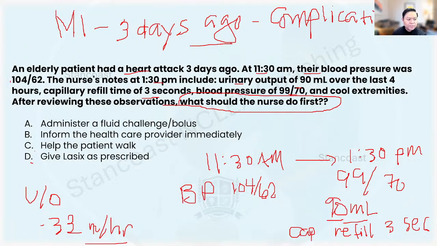Okay, let's find out. Letter A. What is in letter A? Administer a fluid challenge bolus. I'm seeing your answer, Bethany. Letter A, administer IV bolus or fluid challenge. Do you think that this is appropriate care? Is this going to help the patient, or is this going to harm the patient?